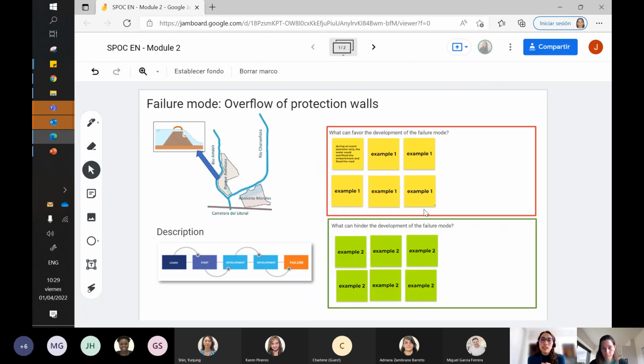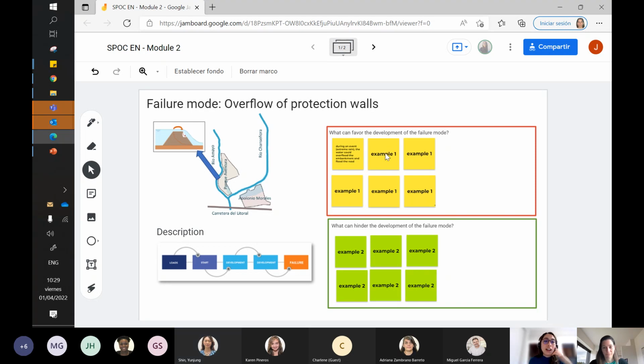So what happens in the loads is the rain and the floods, and then we go with how it starts. How the failure mode starts is when the water reaches a certain height that meets the higher part of the protection wall, and it starts to overflow. So that's when the failure starts, when the water is too high, right? Do you agree?